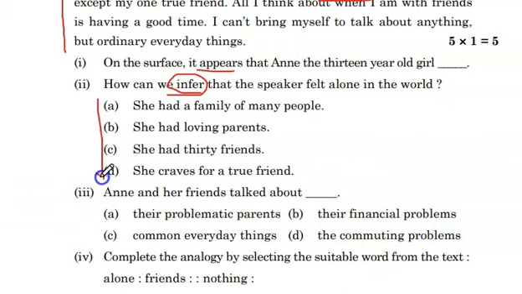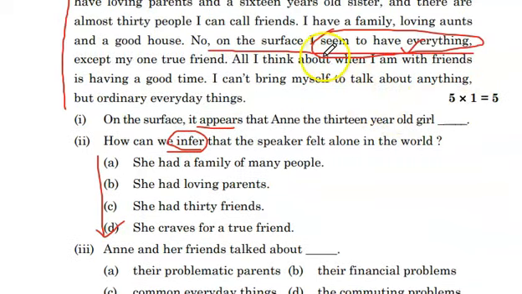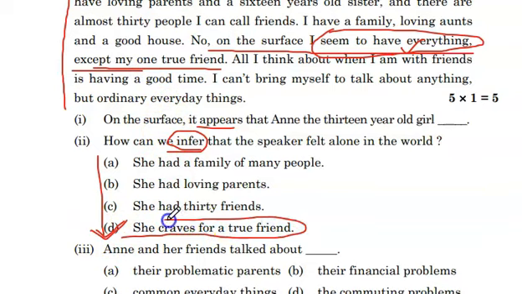Obviously your answer will be option D, because here she says, "On the surface, I seem to have everything except my one true friend." So this line means that she craved for a true friend. She wanted to have a true friend in her life. So this will be your answer.